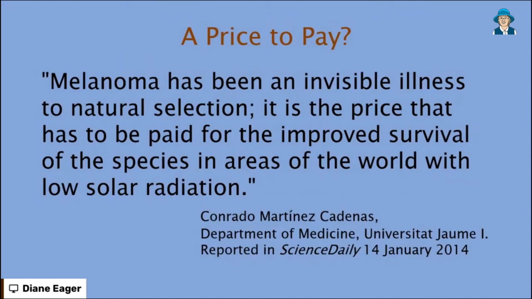In other words, it doesn't get selected out. It is the price that has to be paid for improved survival of the fittest species, in areas of the world with lower solar radiation. Now, anyone who has ever suffered from skin cancer can rise up and say to these people, phooey, there is nothing good or positive about having skin cancer.